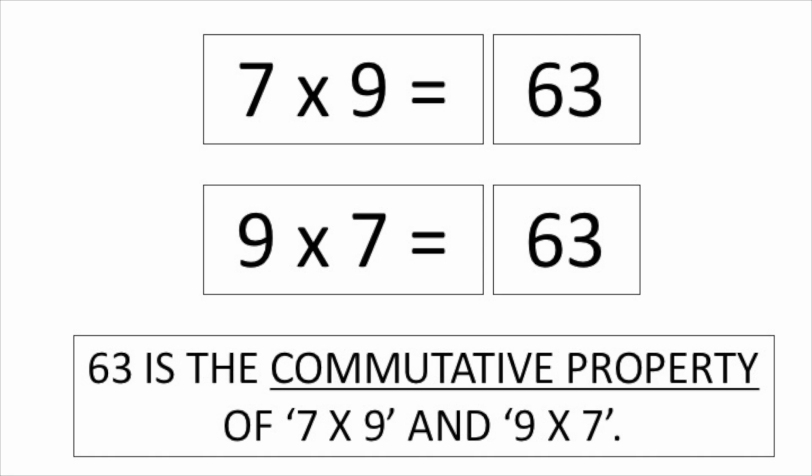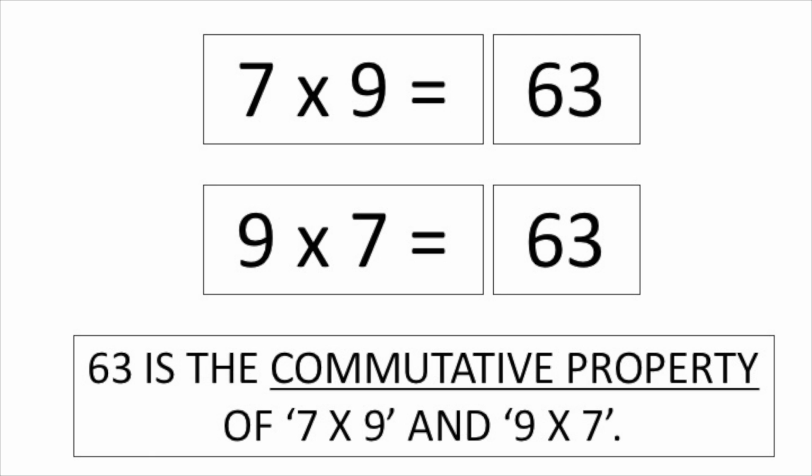Okay, now what commutative property means, how about if we swap the 7 and the 9 around? 9 times 7 equals 63. So you see, whatever way we have the numbers, we get the same answer. And that's commutative property.